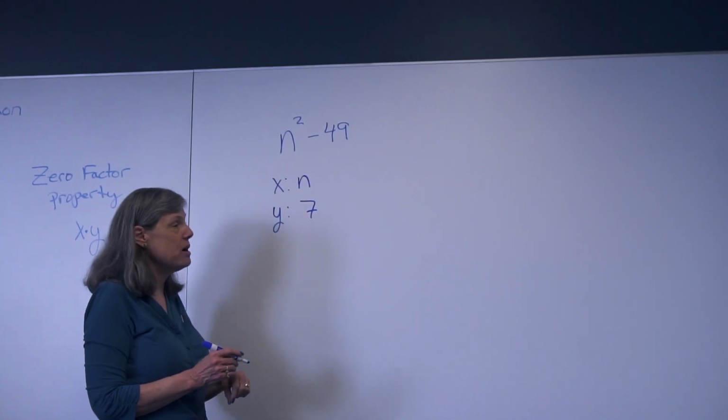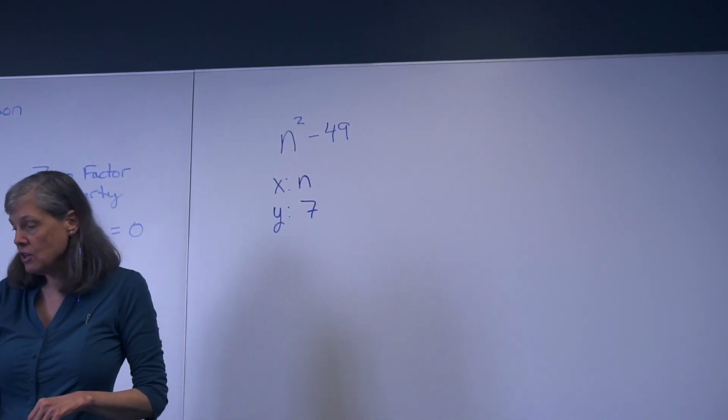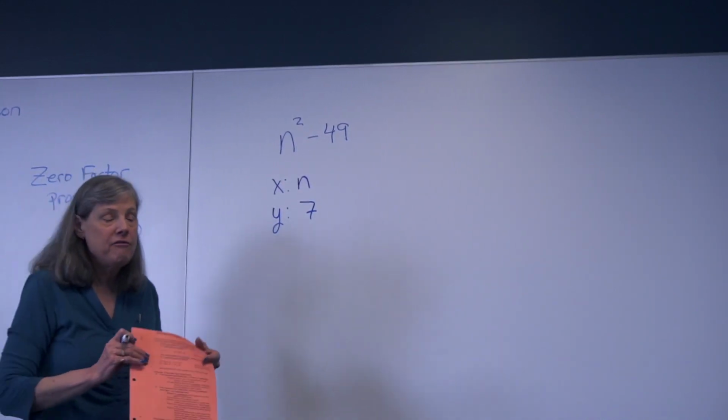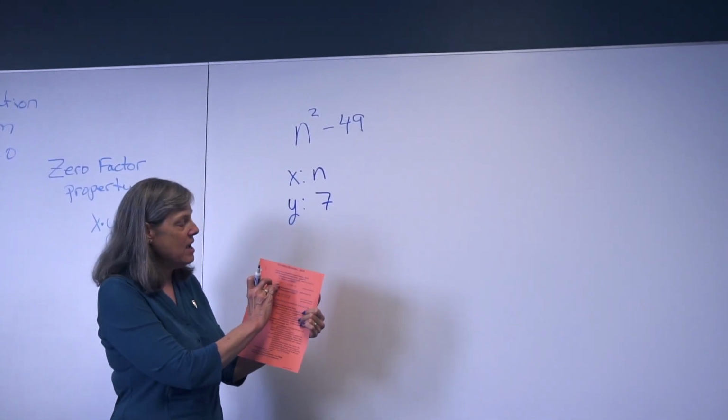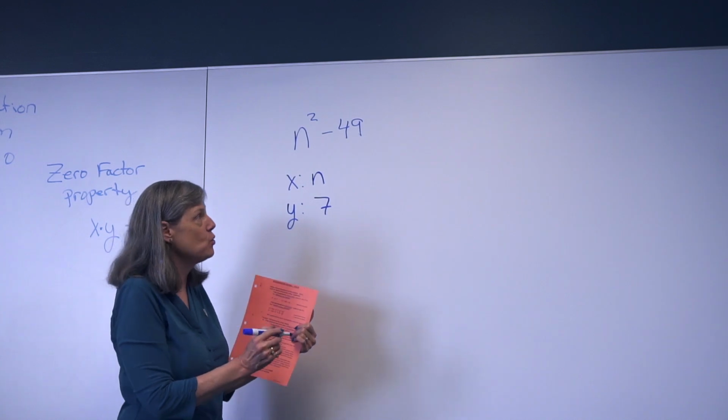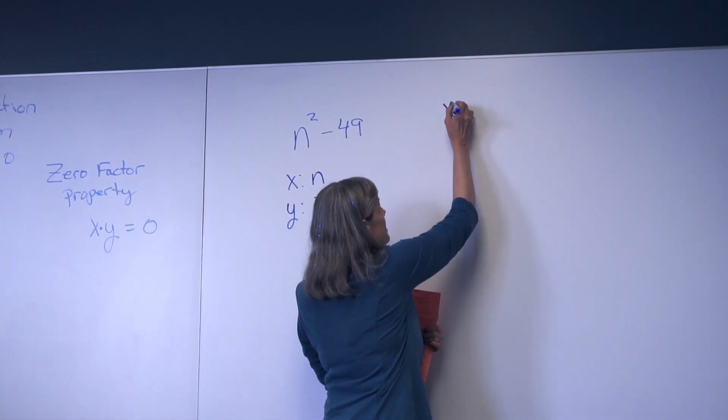So difference of squares. Well, if you notice on your factoring rule sheet, you can see the pattern for difference of squares. It looks like this to begin with.